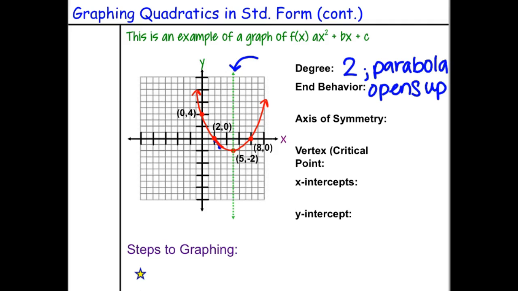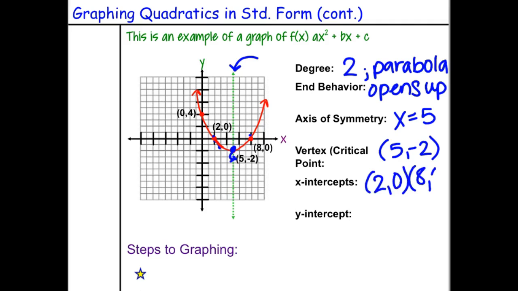If you count over, it's 5, so this would be x equals 5. Our vertex is this point right here. It's listed right here, so our vertex would be (5, -2). Our x-intercepts are where it crosses the x-axis here and here, so it would be (2, 0) and (8, 0). And y-intercept, where it crosses the y-axis here at (0, 4). It's pretty easy to find all this information when it's already graphed for you.